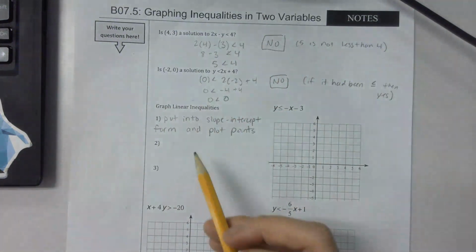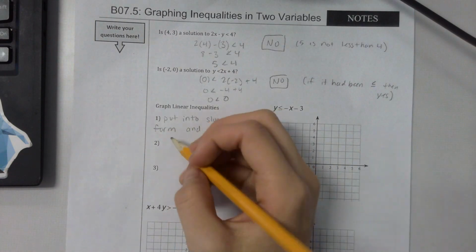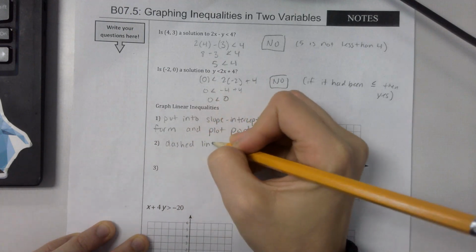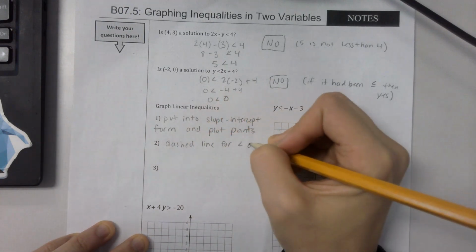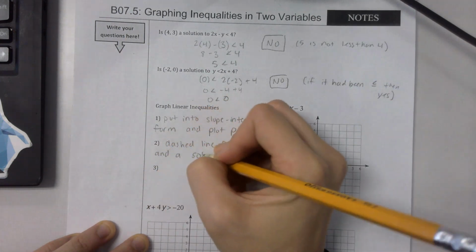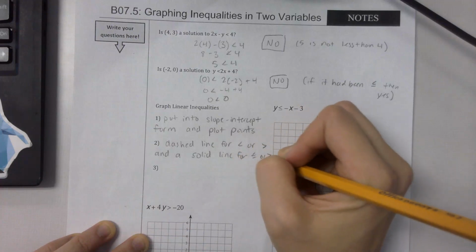So the difference between graphing is like when you draw the line, plotting points is just putting the points. Step 2, we have a dashed line for less than or greater than, and a solid line for less than or equal to or greater than or equal to.